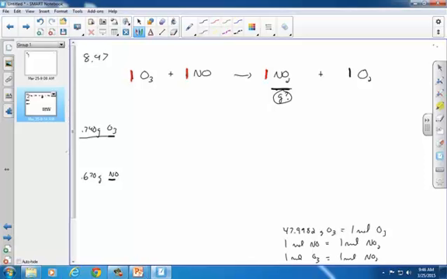So that's for the O3. Another relationship would be for NO. So 1 nitrogen and 1 oxygen gives me 30.006 grams of NO in 1 mole of NO.